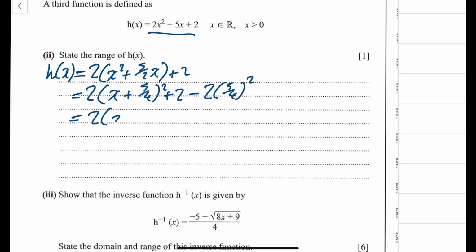And then that's 2 times x plus 5 over 4 squared. And if you do that in your calculator, that's going to be minus 9 over 8. Okay, so this thing has a minimum value of minus 9 over 8, and it happens when x equals minus 5 over 4.